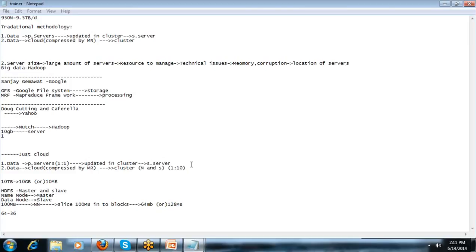Other than that, I know structured and unstructured data. In daily projects we deal with structured data, but when unstructured data comes, we need different technologies which can deal with it. For that, the big data concept comes into the picture.